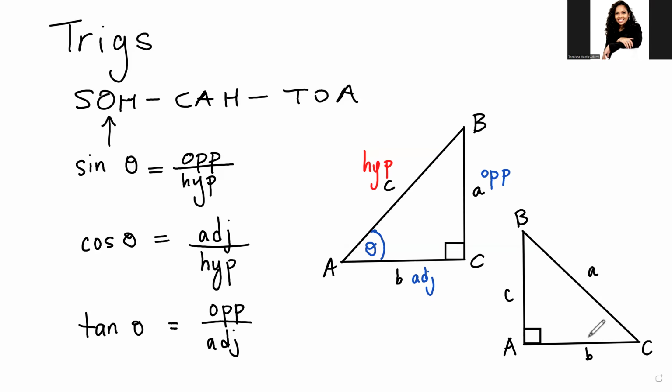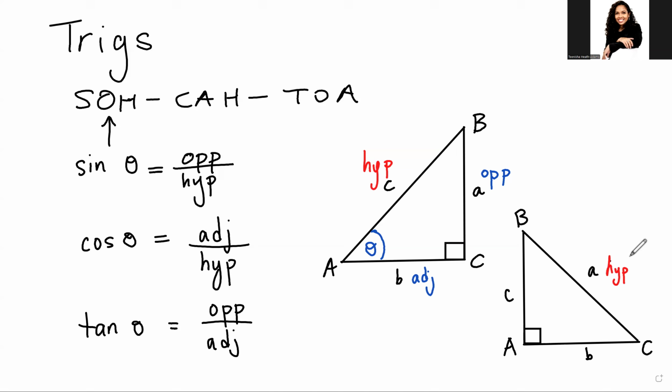So you use the small letters to represent the sides, and you use capital letters to represent the angles. So, of course, the hypotenuse is side A in this case, because it's opposite the right angle. So this is your hypotenuse, and it's always going to be opposite the right angle. The hypotenuse is not named according to any other angle other than the right angle, right?